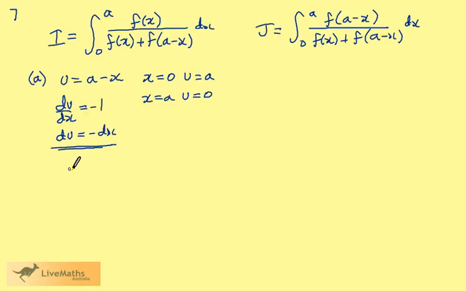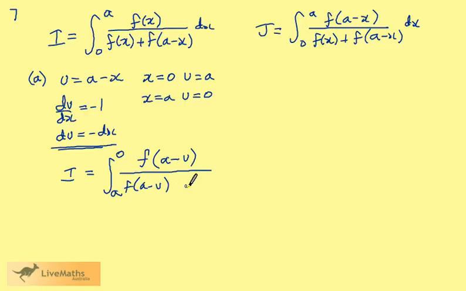So, I would become the integral from a to 0, so that's replacing with the u limits, f of x would become a minus u over f of a minus u plus f of u, and dx is minus du.